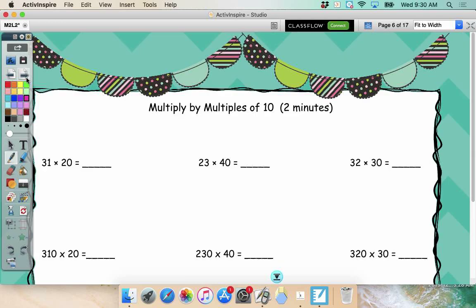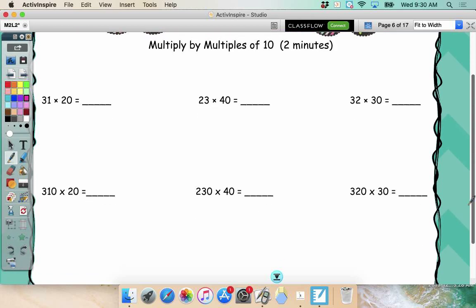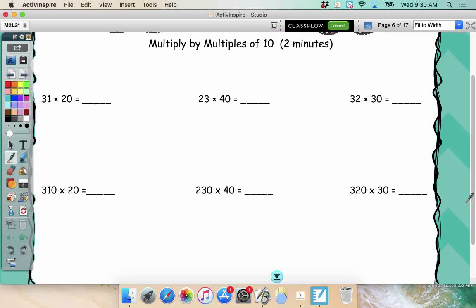We're going to do it today in the lesson. Okay, this is a review of yesterday. This is going to help Eileen quite a bit. So, we're breaking apart the number that ends in a 0. So 20, I can break apart into 2 times 10, and I'm just going to keep 31 the same. Now, I do need parentheses here. Where should I put my parentheses?